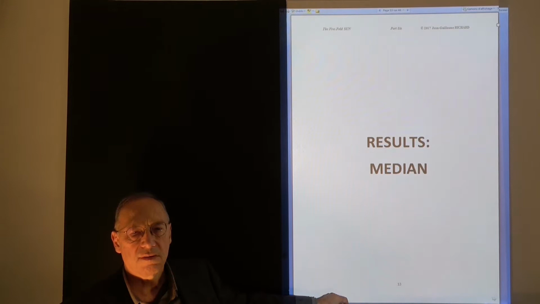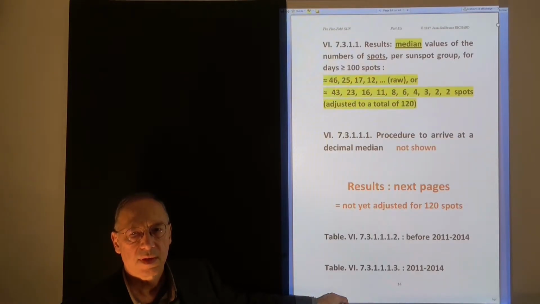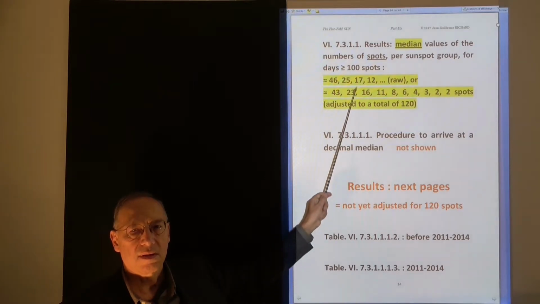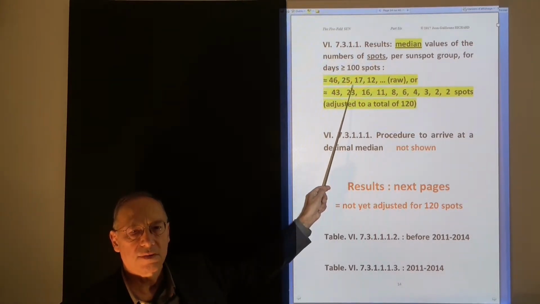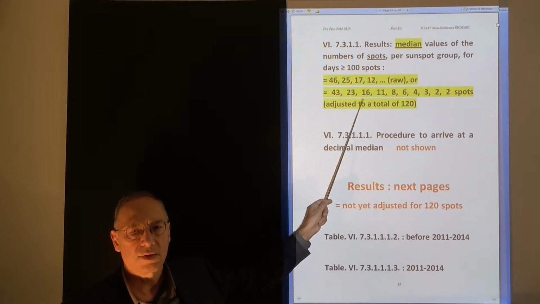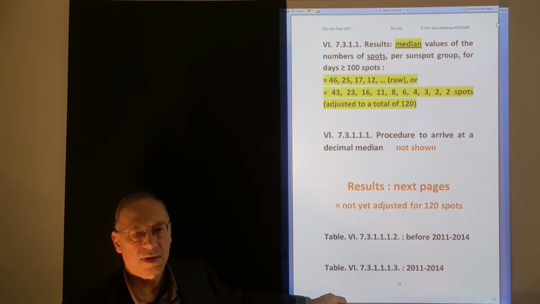The results now for the median values for each sunspot group. These are the raw results, the first numbers, and these are the adjusted numbers for a total of exactly 120 sunspots, which, as we saw in video 28, is our best estimate, plus or minus 1 spot or two spots of the total number.